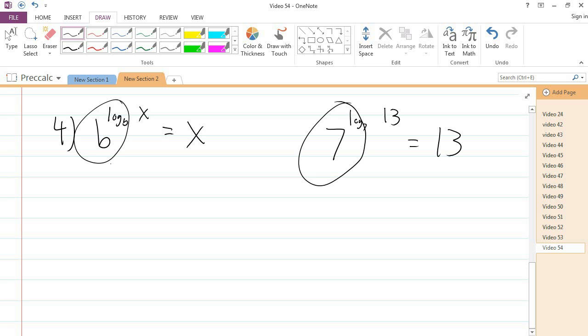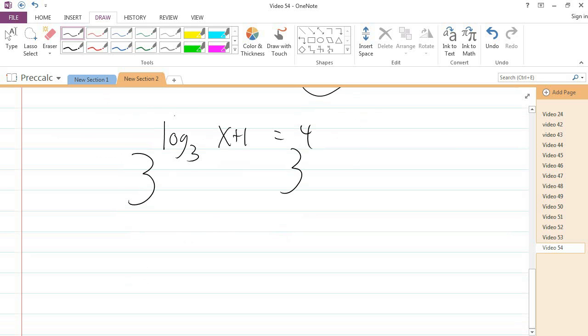We're going to use this property to solve certain kinds of log equations where not everything is a logarithm. Okay? If I have something like log base 3 of x plus 1 equals 4, one way that I can solve this is to take each side of this equation and make them powers of 3.